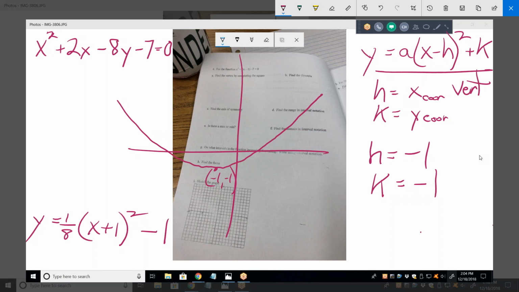And that is that there is a focus somewhere right there, and there is a directrix right there, so that the distance from the vertex to that focus is the same as the distance from the vertex to that directrix. In other words, this distance here, I'm going to draw a different color, this distance here is the same as that vertical distance there. Okay, we'll put a hash mark, like geometry does.